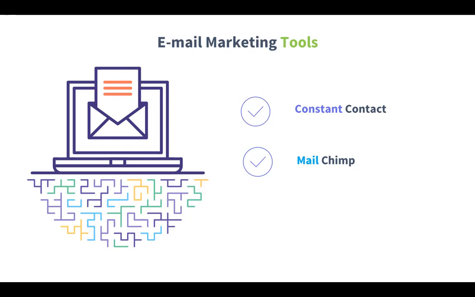Constant Contact is a paid service. I don't believe that they have a free service available. MailChimp does. You can use MailChimp for free up to a certain amount of emails. So up to a certain amount on your mailing list, you can use MailChimp for free.